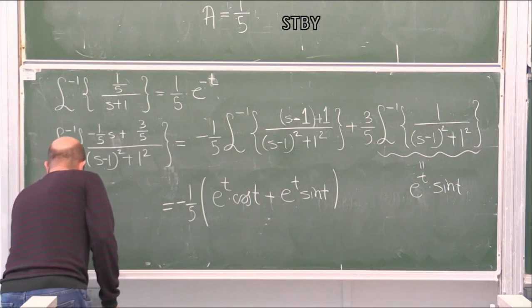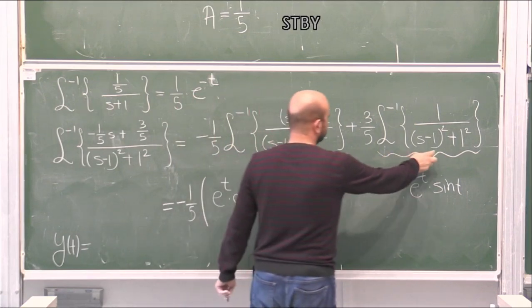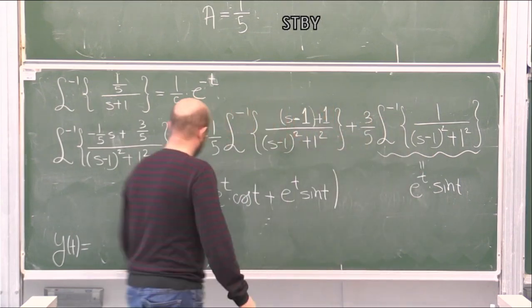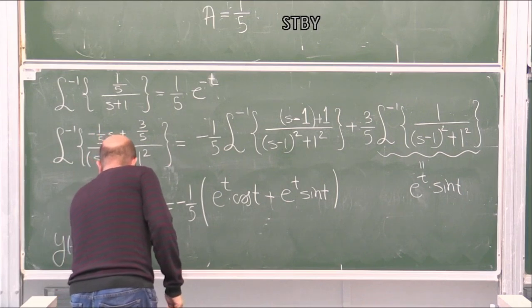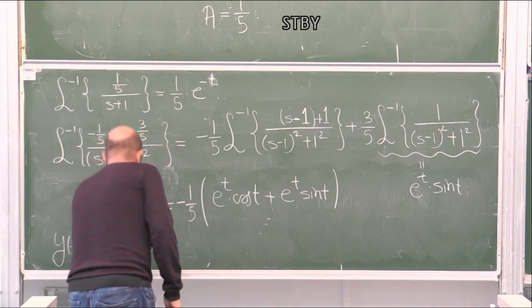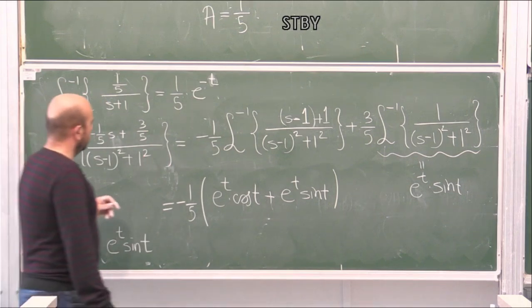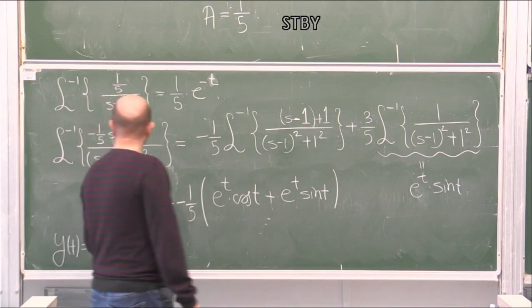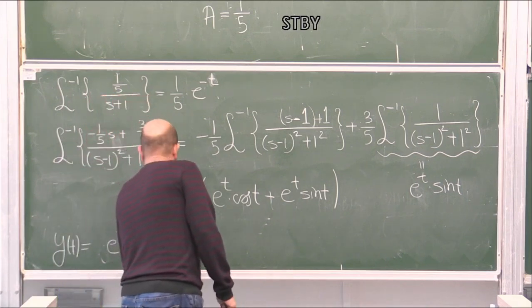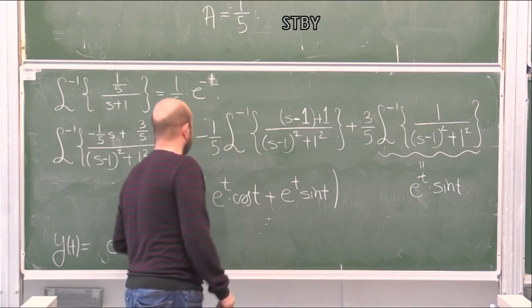y of t. The first one we did in the previous one. So we had e to the t sine t. This is what we had. And then we did this one, which is 1 over 5 e to the minus t.